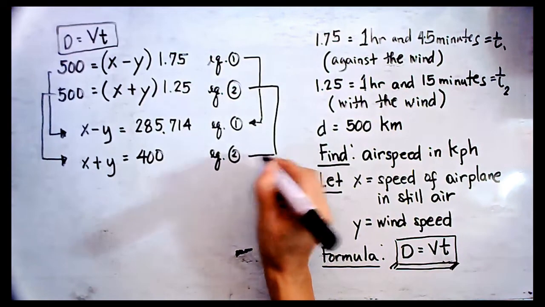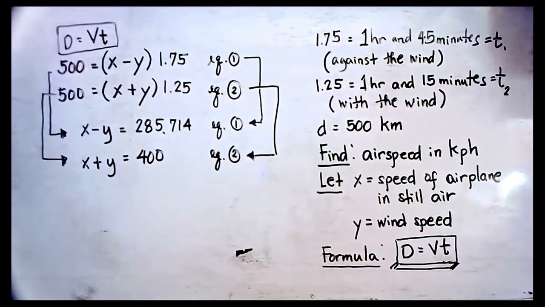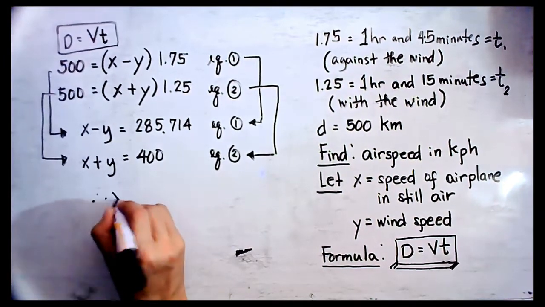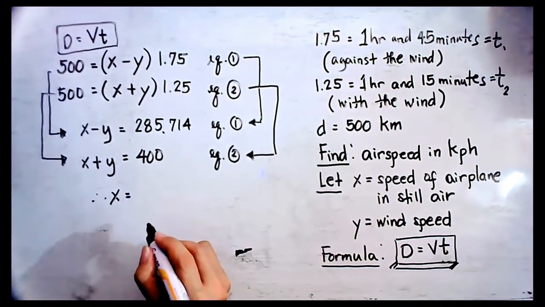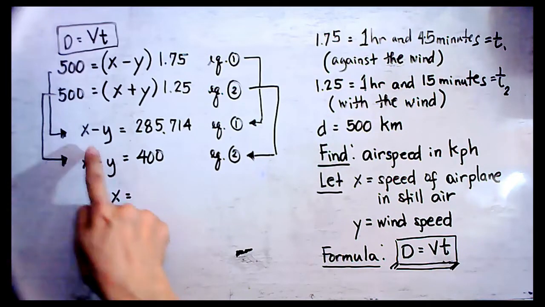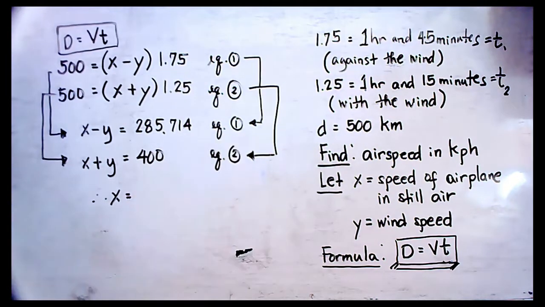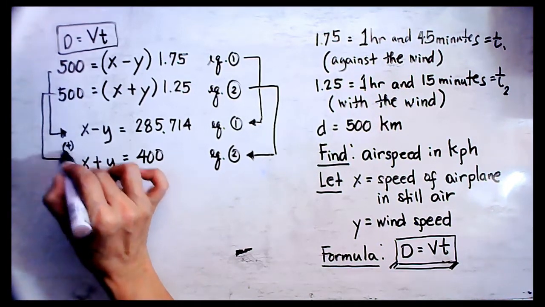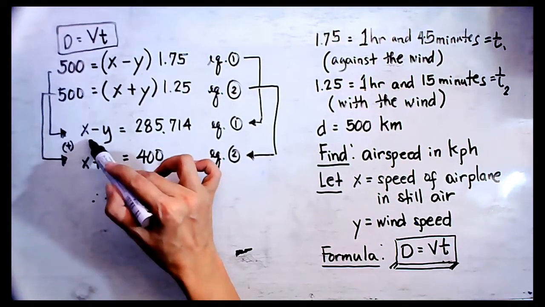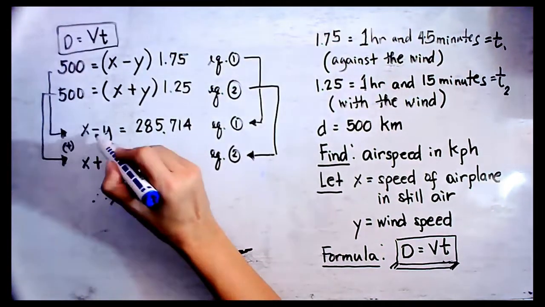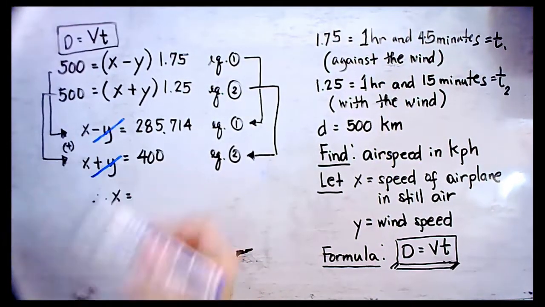With these two equations, we can solve for the value of x. So if we are going to solve equation 1 with equation 2 simultaneously, if you are going to add these two equations, we will be able to cancel out the value for y, and the value for x will be determined.